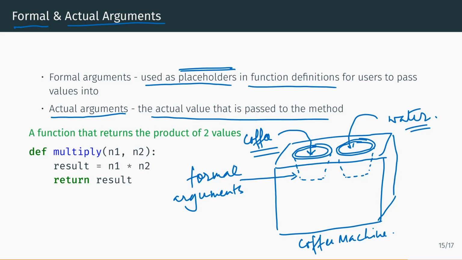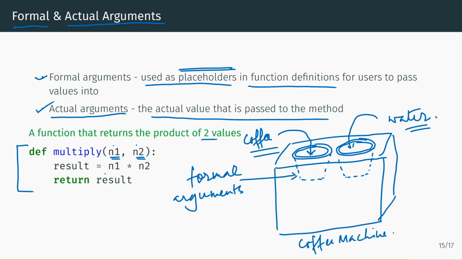Now look at this function definition. This function returns the product of two values. Simple, right? It takes two arguments, n1 and n2. Now think for a moment, what are n1 and n2? Are they formal arguments or actual arguments? Remember that formal arguments are placeholders.